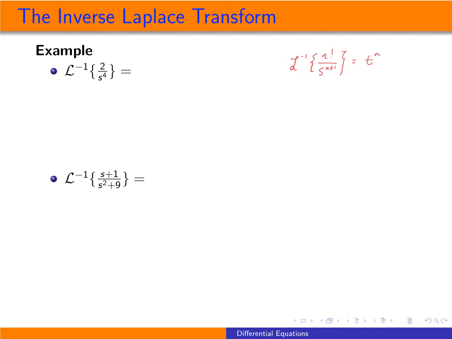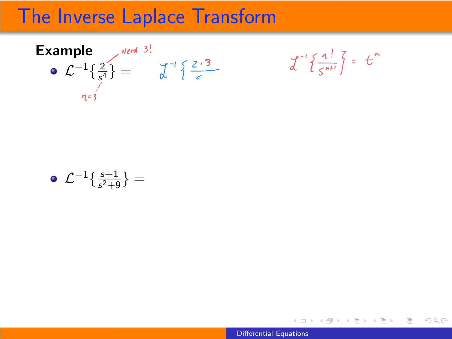So in this case, we can clearly see in the bottom, we have 4 is equal to 3 plus 1, so our n value is 3. That means the number that we need in the top would be a 3 factorial, so it matches up precisely with this formula. So we manipulate now algebraically. To have a 3 factorial in the top, I need to multiply by 3.